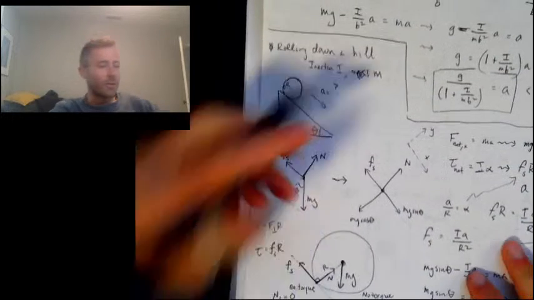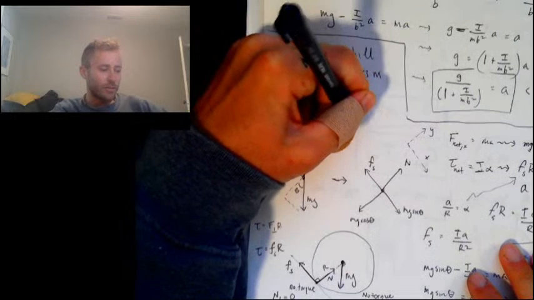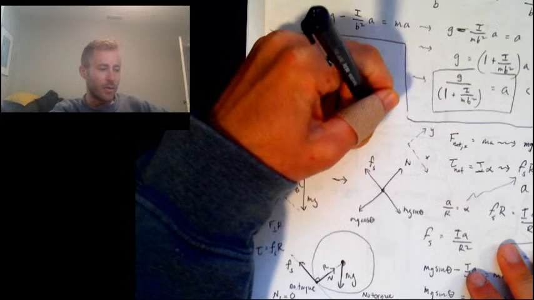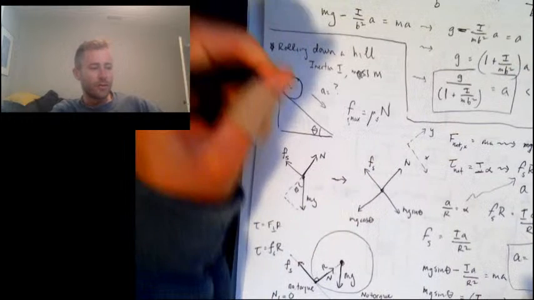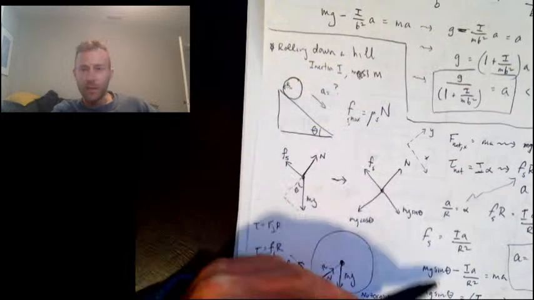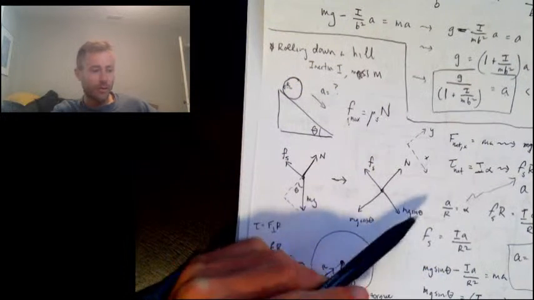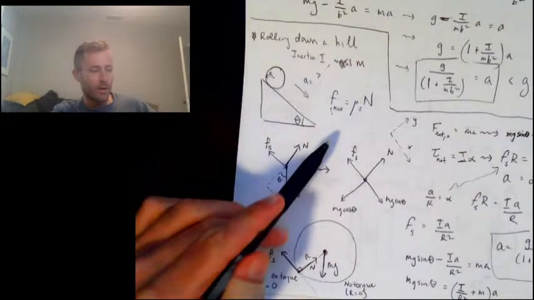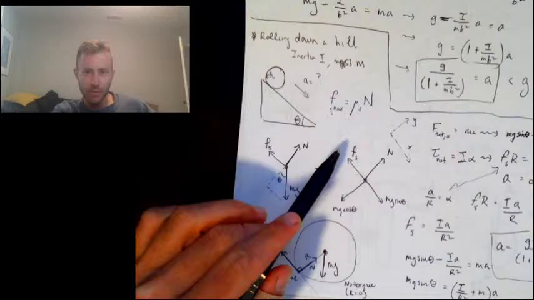Remember, the formula for maximum static friction is mu sub s times normal. So we have obviously not got the maximum; we have some other value below the maximum static friction.